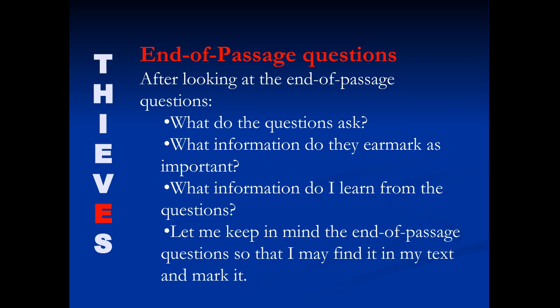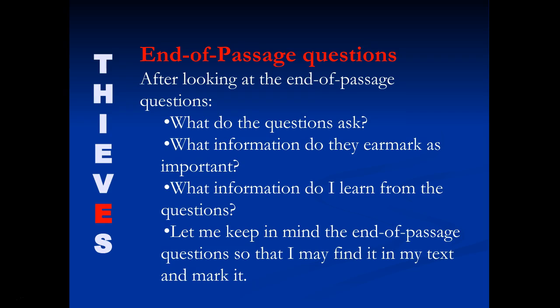The second E is end of passage questions. A lot of times when you are reading chapters in social studies or science, or you are taking an end of year test, you're going to have questions at the end of the passage. Look at those questions. Ask yourself, what are they asking?